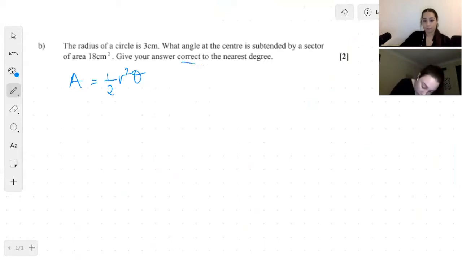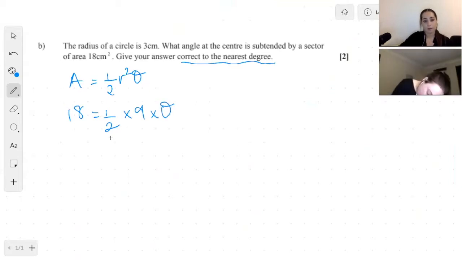So 18 is equal to 1/2 times 9 times theta. So 18 over 4.5 is equal to theta, which equals 4.